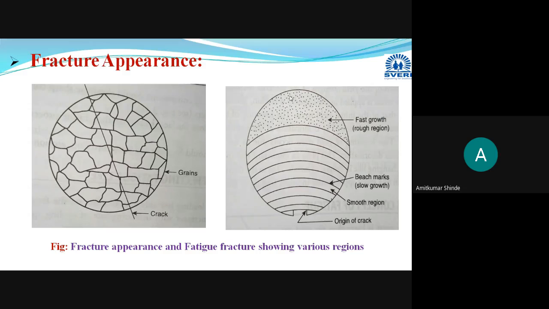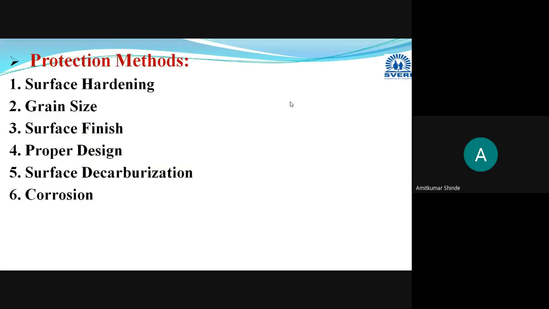Then after the fracture appearance, the next point is the methods used to avoid fatigue failure of the component.